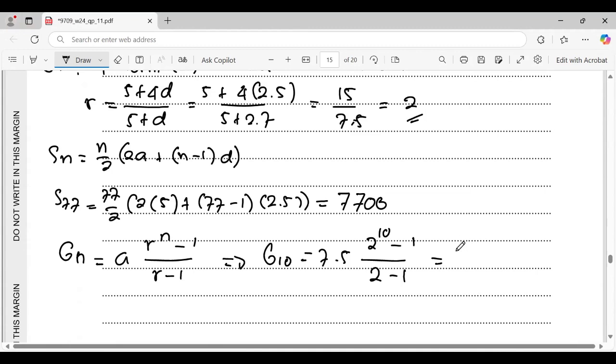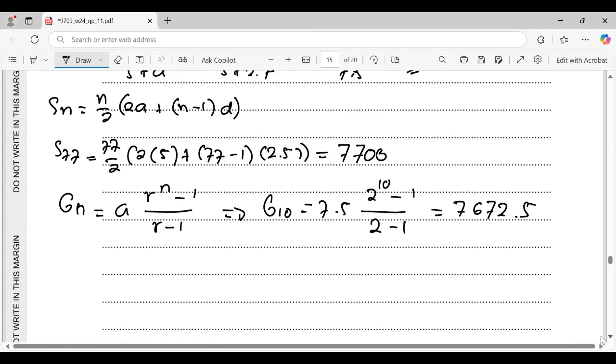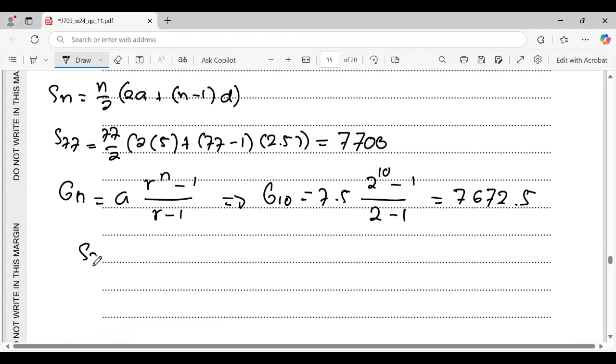So the result is 7,672.5. So S77 minus G10 equals 7,700 minus 7,672.5. It is 27.5. This is the result.